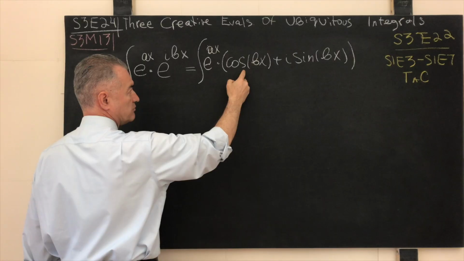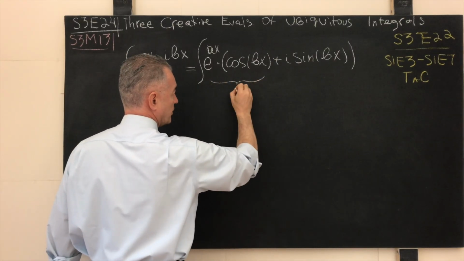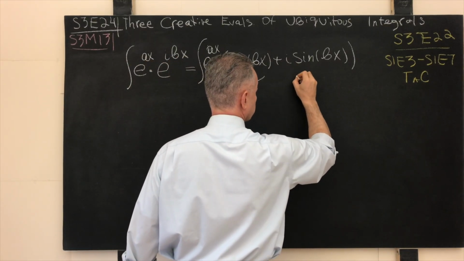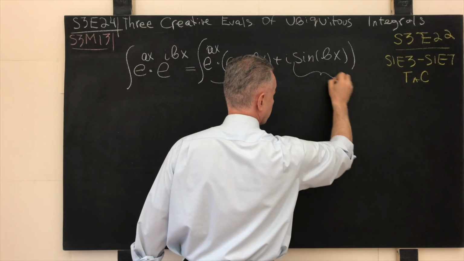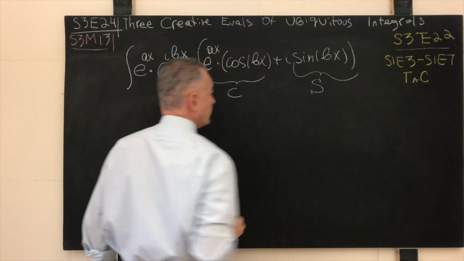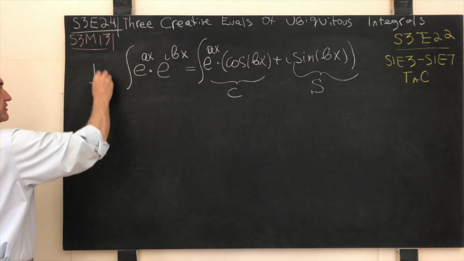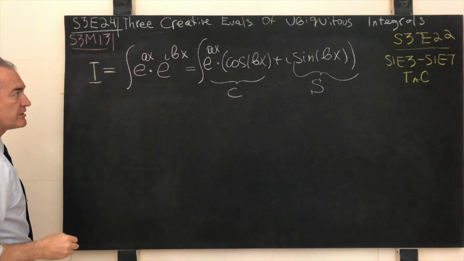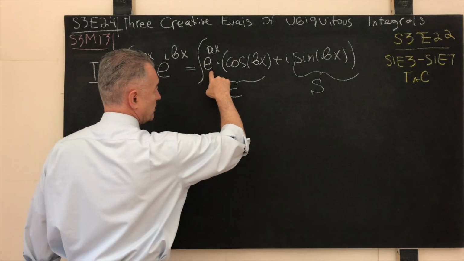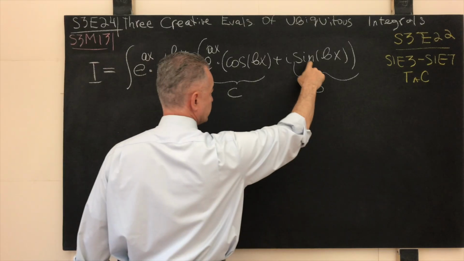When we multiply out these terms, we will have on the one side our integral c, and on the other side we will have i multiplied by the integral s. In other words, if we name as I the following thing, then once again we multiply e raised to the power ax by cosine and by sine separately.